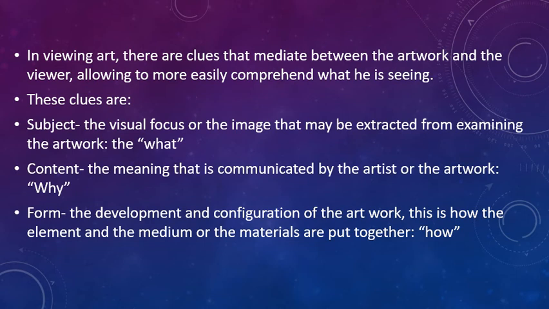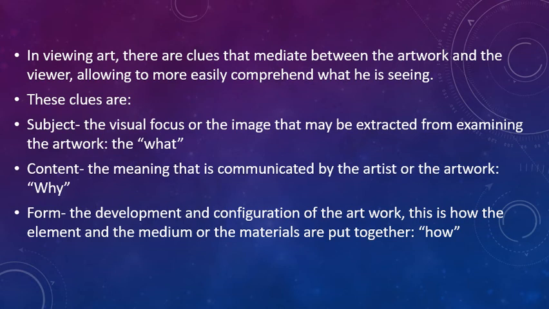And the last one is the form. The form is the development and configuration of the artwork. This is how the elements and the medium or the materials are put together, and it answers the question how. So on the form, we are actually referring to the materials or mediums used by the artist to create the art piece.